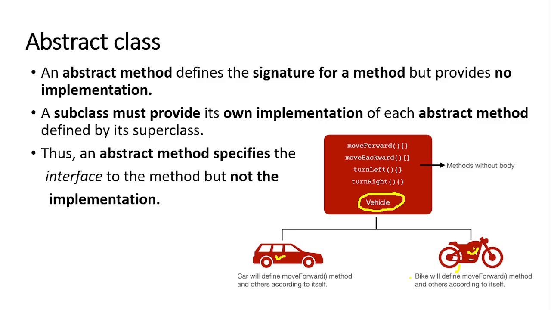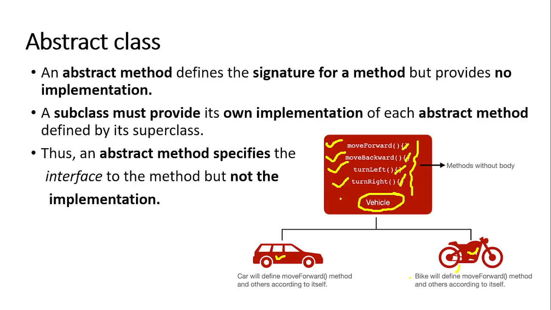What I know is that if it is a vehicle, it must have a provision for moving forward, moving backward, turning left, turning right, and maybe doing something else also. So I write all the methods here, but I do not provide any implementation for them.